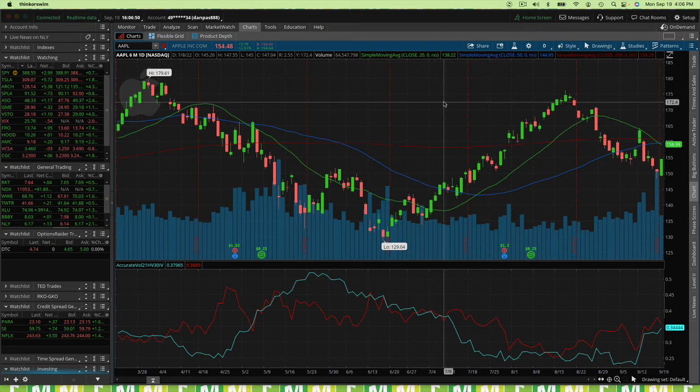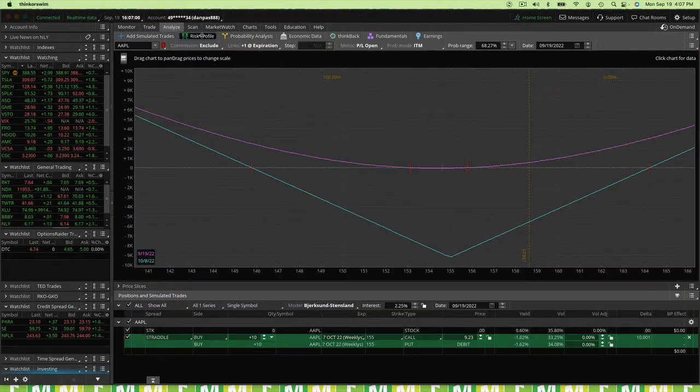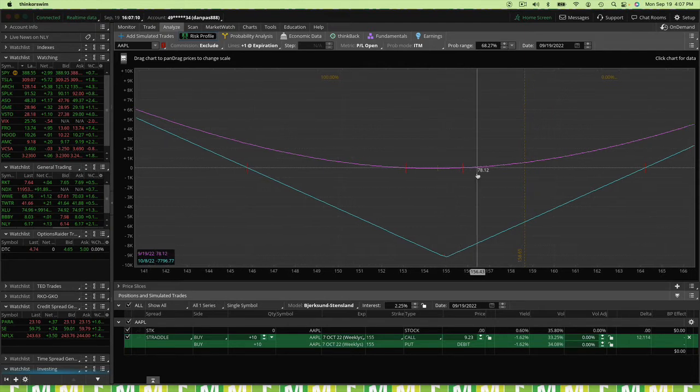The next one is to do that at-expiration break-even. Looking at it like this, saying, okay, look, here are my break-evens at expiration. That's great. We know the most we can lose is what we pay for it. But I like to be out of these straddles way before expiration. So what I'll typically do is move the day ahead.